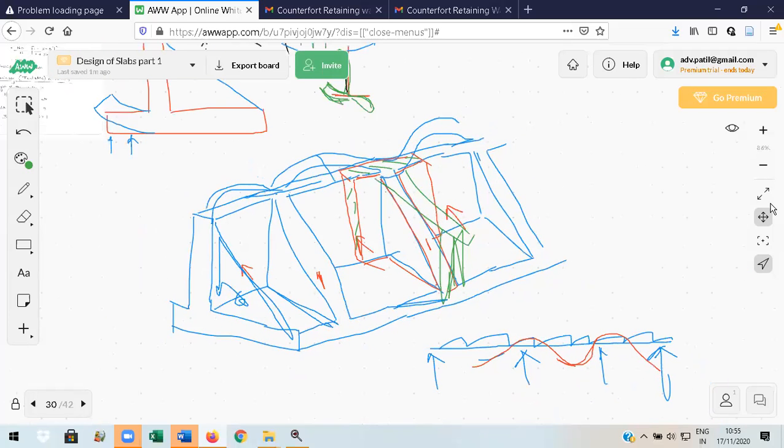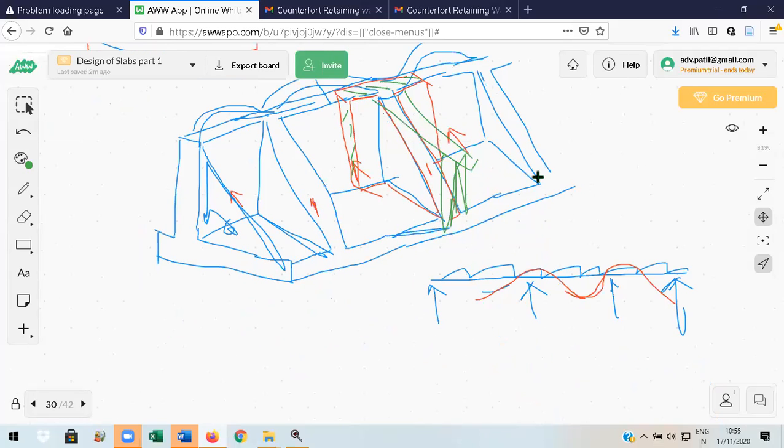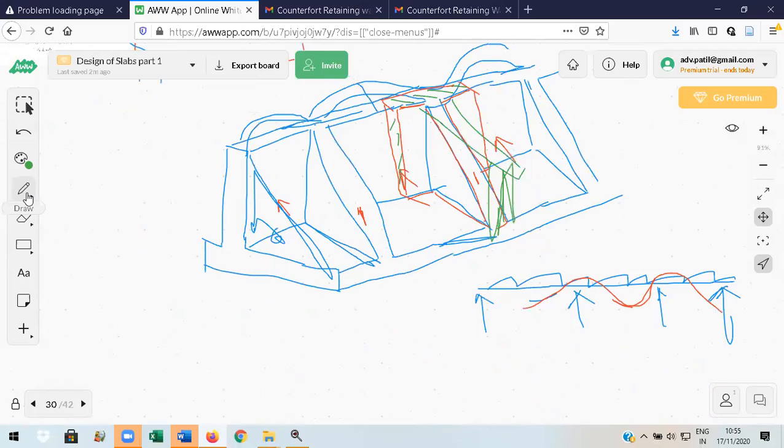Similarly, observe this one here. One more important thing is that similarly, the heel also is a continuous slab supported on counterforts. This is also how it bends. Observe this. Again, it is going to bend like this, because the counterfort is trying to hold this one in position.